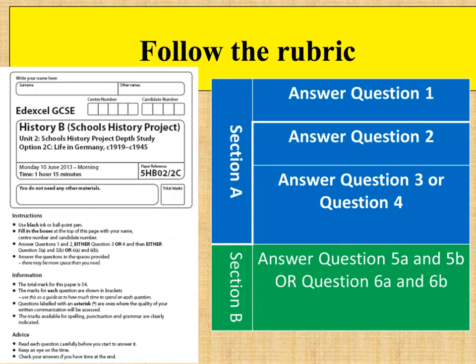In Section B, you answer question 5A and 5B or question 6A and 6B. The exam is out of 54 marks and you have 1 hour and 15 minutes for the Unit 2 Life in Germany exam.